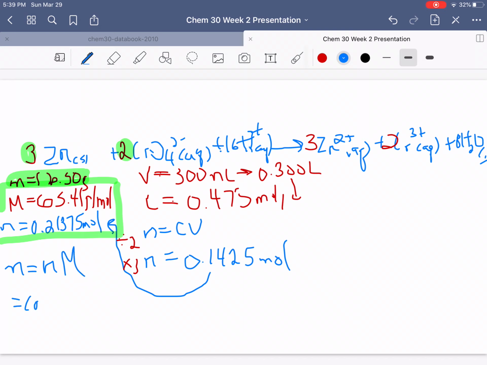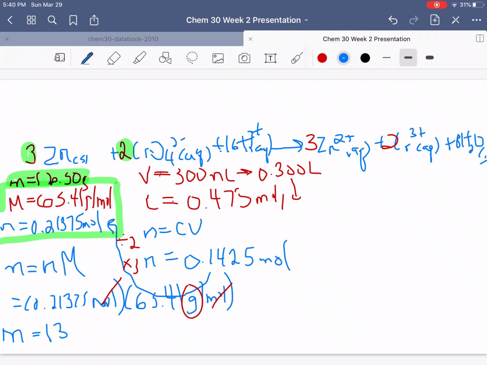We're going to take that 0.21375 moles times the molar mass, 65.41 grams per mole. Moles cancel out. We're going to be left with a mass. And the mass of that zinc is going to be equal to, again, don't round yet, 13.9813 grams.